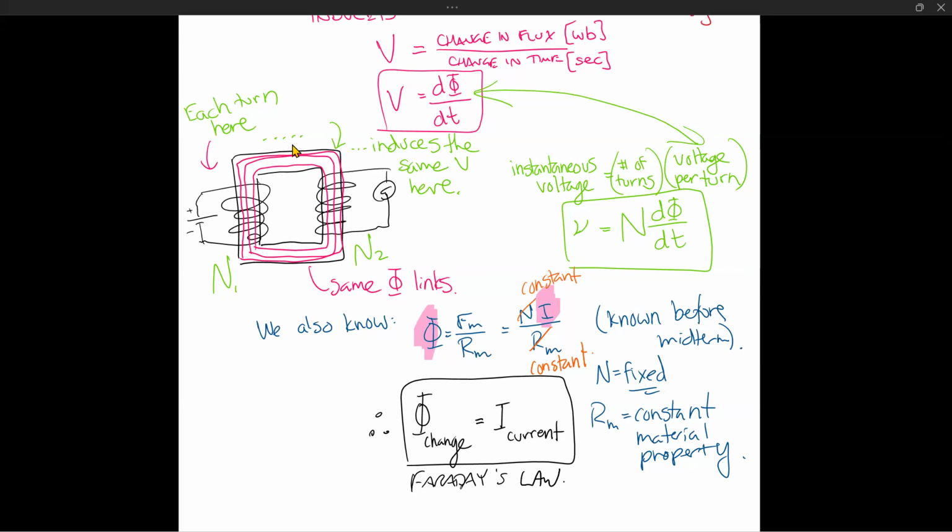It's a function of the material property, and I'm not changing that material. And this is how Faraday can draw the conclusion that flux is directly proportional to current. So Faraday's law in general says the change in flux is directly proportional to the change in current, and that's what Faraday said.